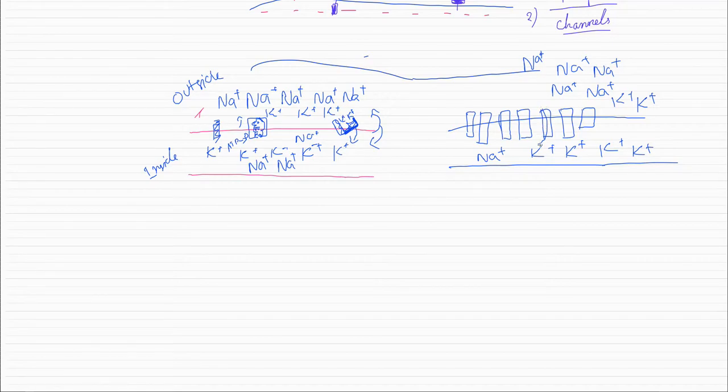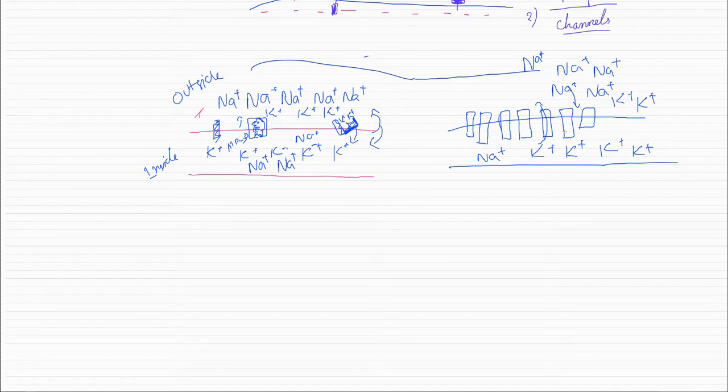So potassium has a much higher chance of going outside than sodium has of getting inside, because the membrane is impermeable to sodium.